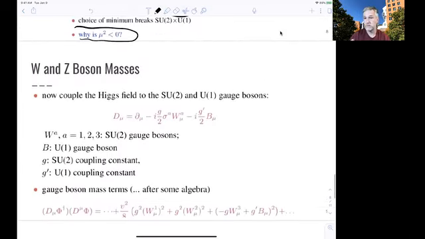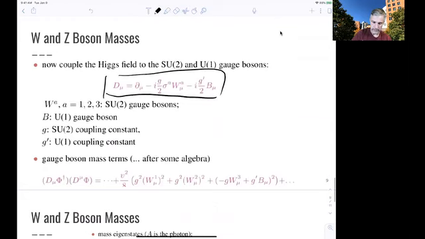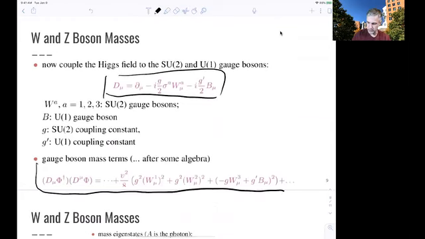All right, so what happens now to our W and Z bosons? We have discussed electroweak mixing already. Good, so that was the first step. Now we will understand where the mass terms actually come from. We just did the spontaneous symmetry breaking, and now we're looking at what happens if we also couple the Higgs field to the bosons. So again, we write this this way, and then we just try to find terms.